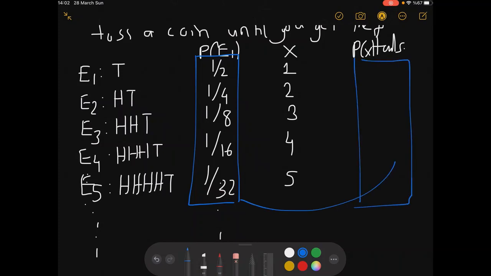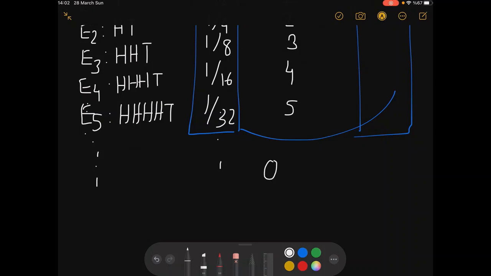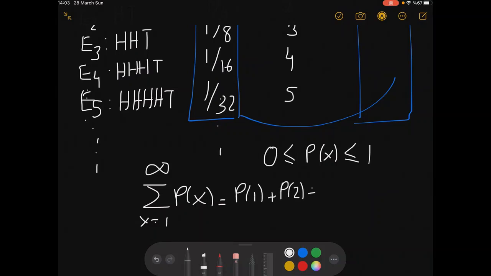Now, if you have this condition, like your probability of x should be between 0 and 1, if you add them up until infinity, applying the limit from x = 1 to infinity, so you send your trials to infinity, it should be probability of 1 plus probability of 2 plus probability of 3 plus up to probability of infinity, right?